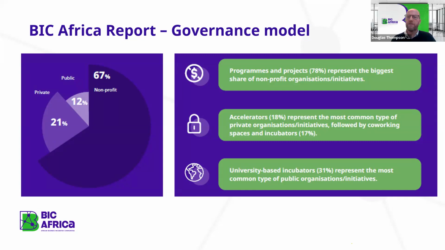Private for-profit organizations in this sample were just over 1/5. Of course, accelerators, co-working spaces, and incubators were by far the largest proportion of that. So we're seeing, at least in this sample, that the governance structures, which often drive where organizations get their funding from and what their objectives are, have quite a large proportion, 2/3, with a not-for-profit focus.